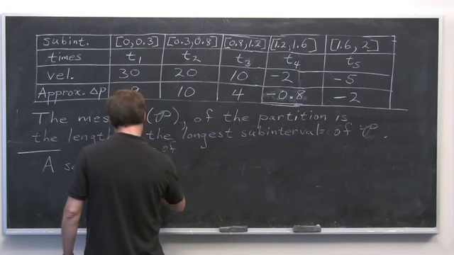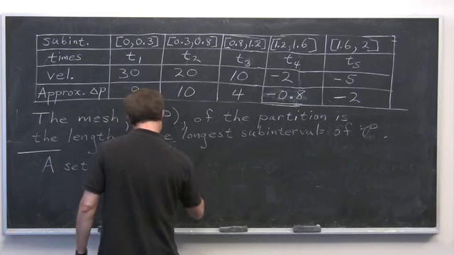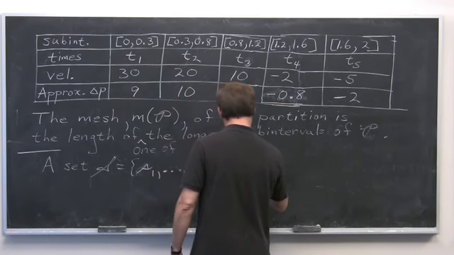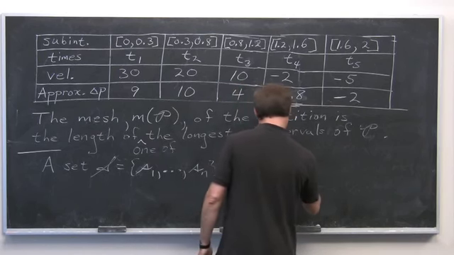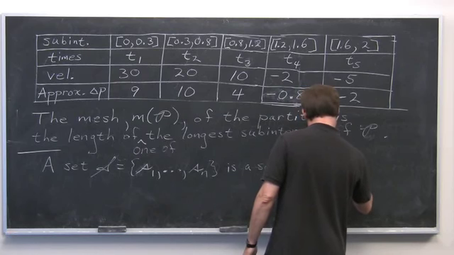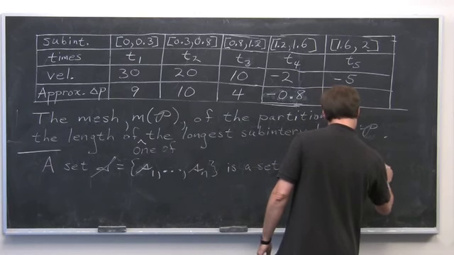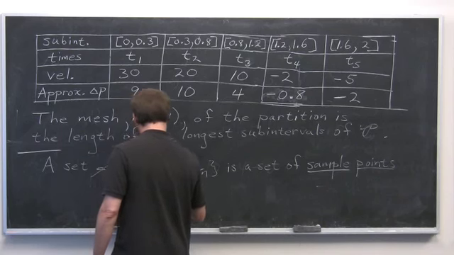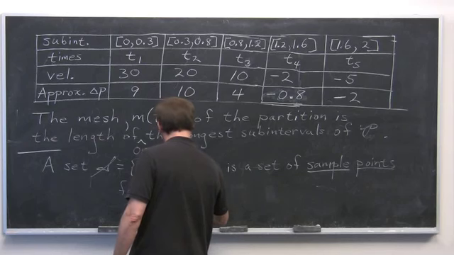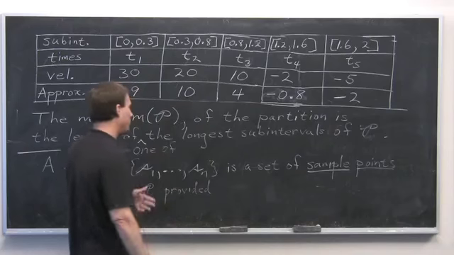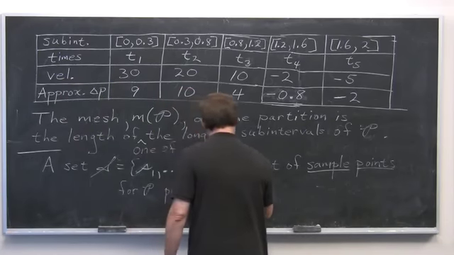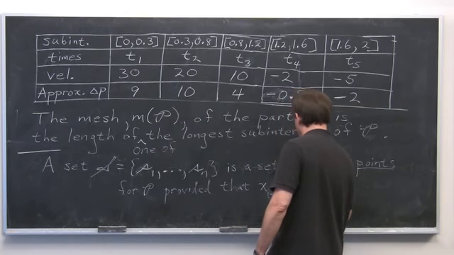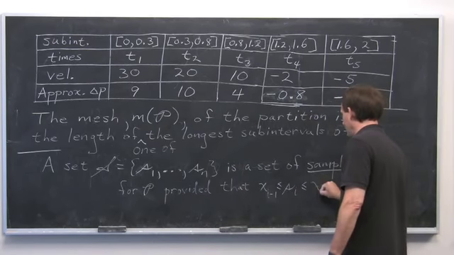So we need an S1 through Sn, a set of sample points for P, provided that the ith one is in the ith subinterval, provided that x sub i minus 1 is less than or equal to s sub i is less than x sub i.